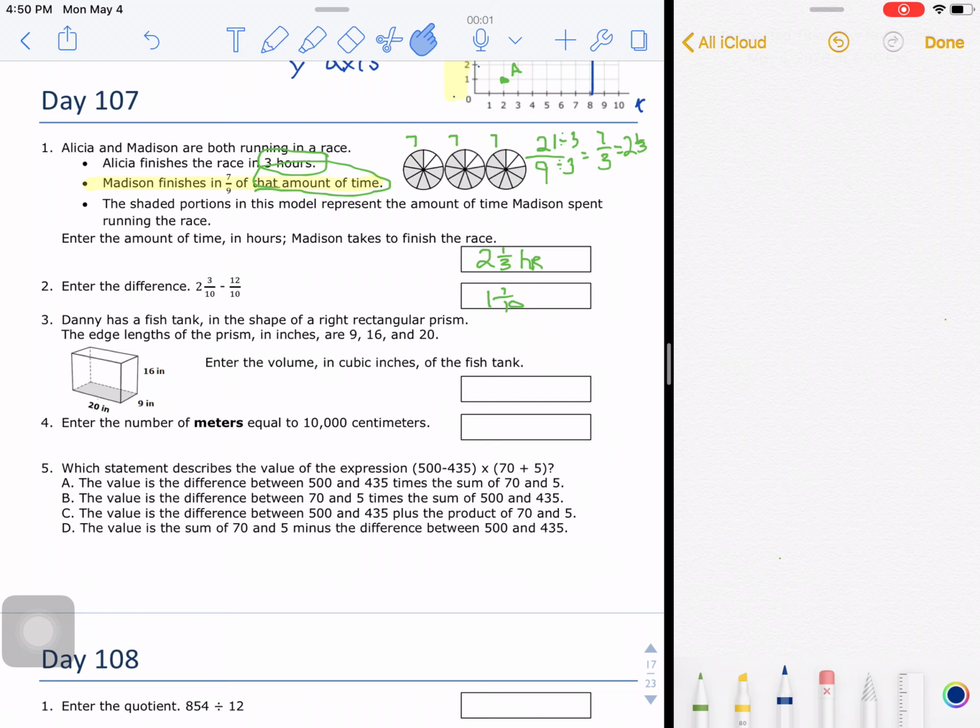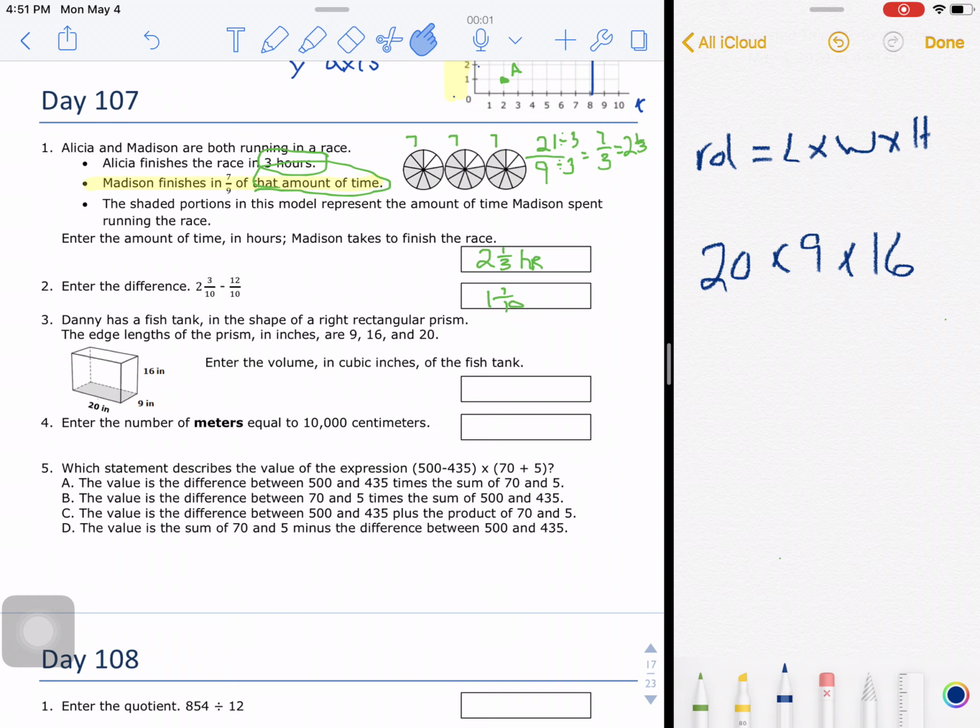Well, we know that when we're finding the volume of a rectangular prism, it equals length times width times height. And it doesn't matter what order, so let's go 20 times 9 times 16. I can multiply those in any order.